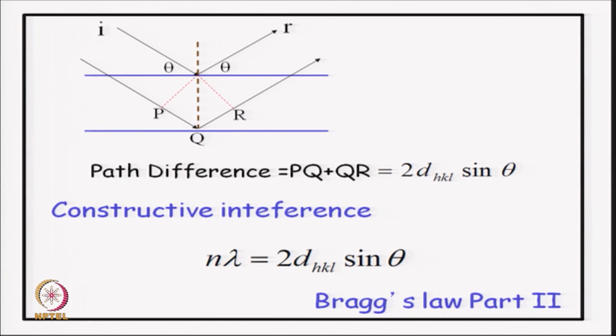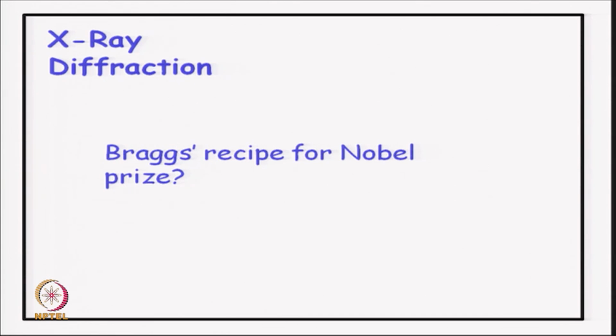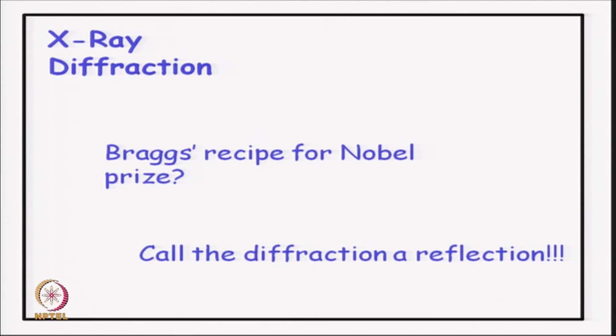In the next lecture we will use Bragg's law as an example to solve some crystal structure, but before we do that, let us look at a little bit of history of Bragg's discovery. So, as I told you, the first part of Bragg's law was the real quantum jump. Bragg's recipe for the Nobel Prize was to call the diffraction a reflection.